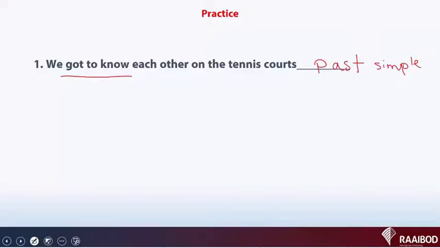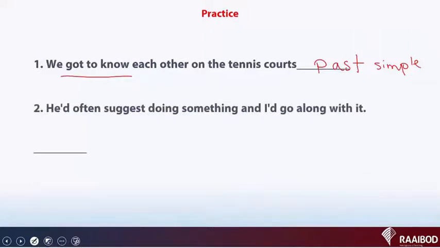Next one. He'd often suggest doing something, and I'd go along with it. Would verb. So this is would plus base verb. Okay? So why are we using this?